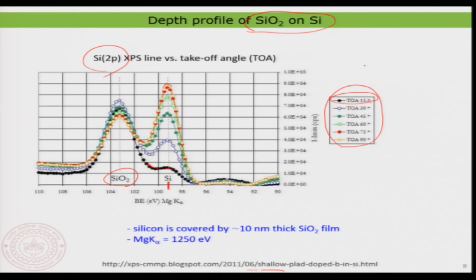So this was the construction of our material: the silicon, and on top of it the silicon dioxide. As you tilt the sample, I am only getting information from the silicon dioxide, and the silicon is not possible to detect.